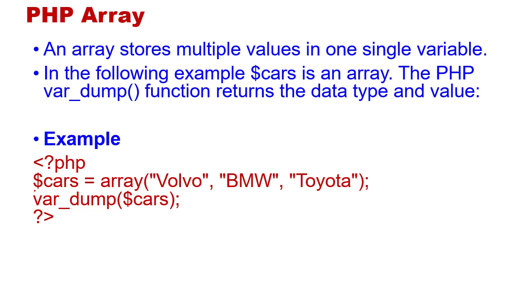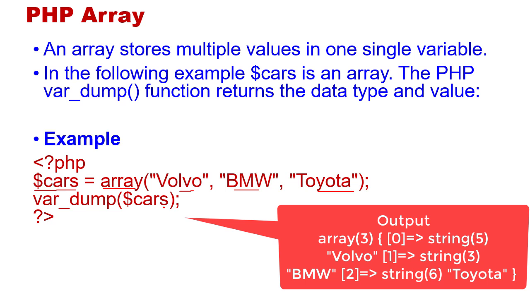Just write the name of the variable equals array, and within the brackets mention the items of the array. This is our first item, second and third item. If I want to display the data type and value, then I will use this var_dump function. Basically this var_dump function will give you the output that it is an array, and the three items are Volvo, BMW and Toyota.